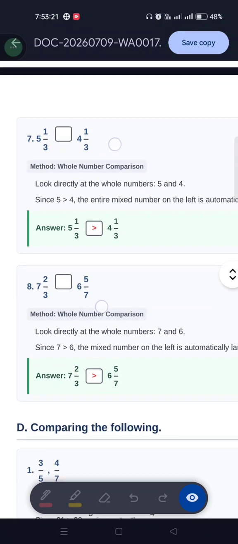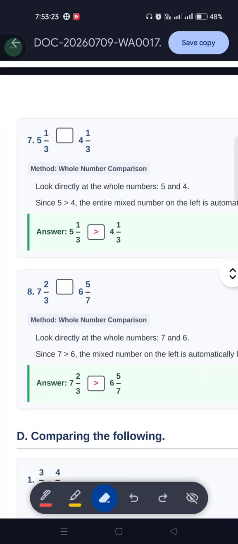So, see here. In question number 7, given is 5 into 1 by 3 and the other side is 4 into 1 by 3. So what will you do here? First of all, this one is a mixed fraction and this one is also a mixed fraction.